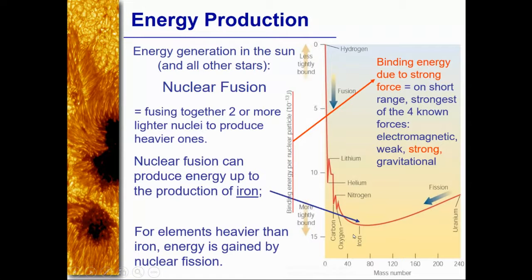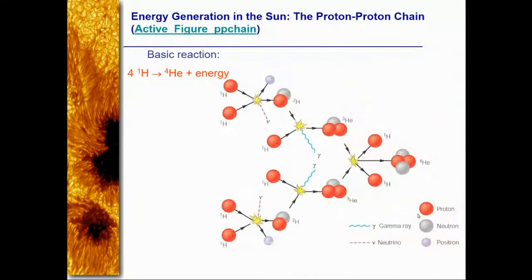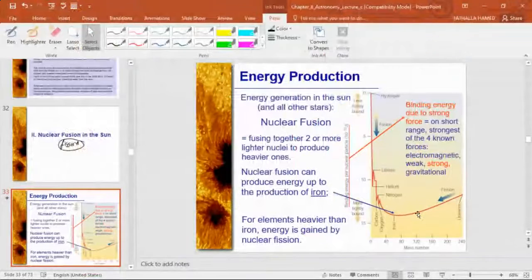But if we want to produce nuclear energy, then we have to go for elements that are higher than iron, then we have to basically rely on fission. And fission maybe بالعربي نقولها انشطار. So that's basically the energy that we can produce from nuclear energy.